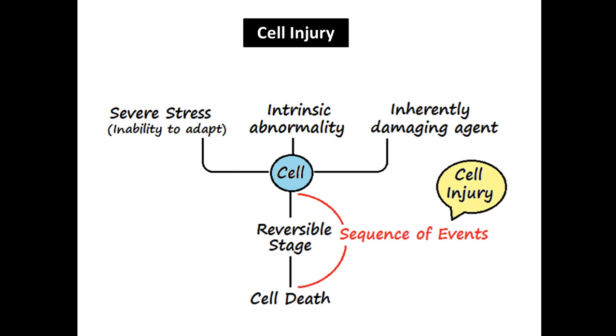But in conditions that I described, such as severe stress, inability of the cell to adapt, some existing intrinsic abnormality, an invading agent that is inherently damaging or resistant, or some problem in the immune system, after passing through the reversible injury, cell death will occur. Reversible cell injury describes the sequence of events that occur when the cell passes from its normal status through the reversible stage into cell death.